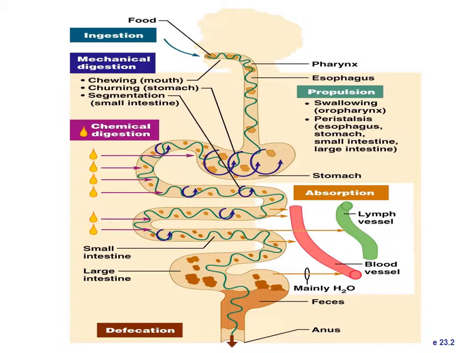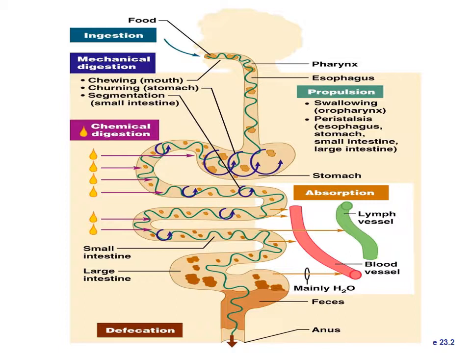This is not chemistry, but rather smashing and grinding. Mechanical digestion takes place in the oral cavity with chewing, in the stomach during its specialized movement called churning, and even in the small intestine with its specialized movement called segmentation.